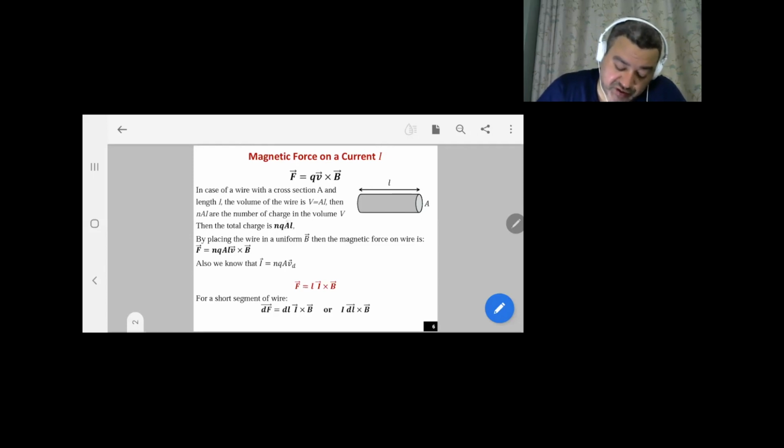Now if I substitute, instead of Q, nQAL in this equation, then I have nQAL V vector cross B vector.